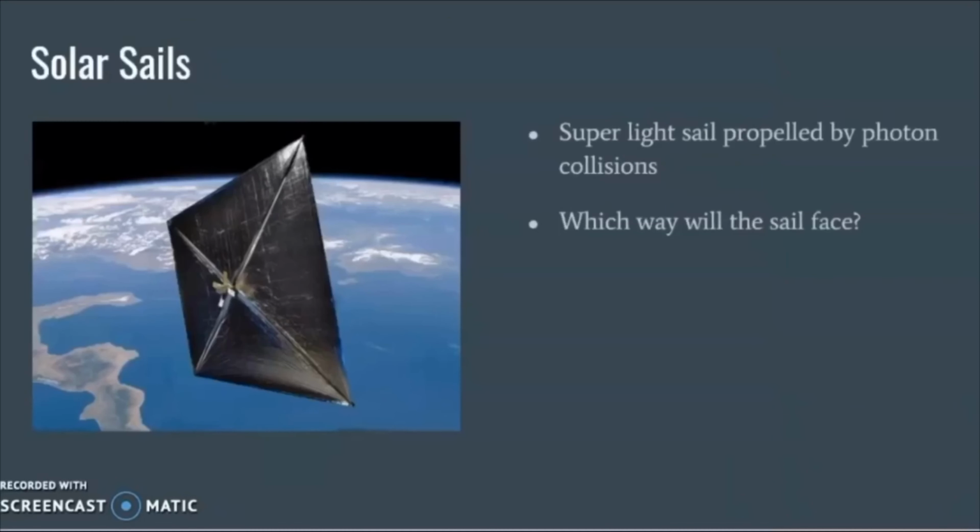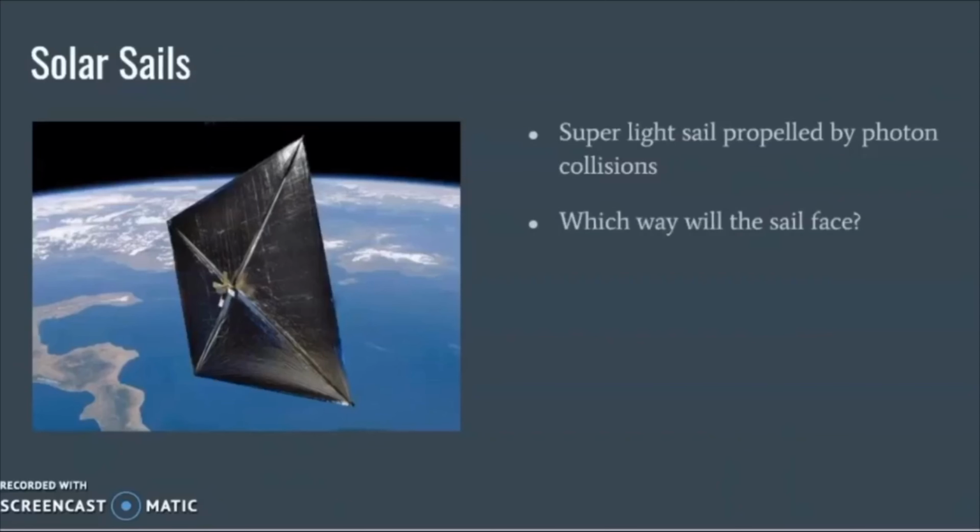And this has led to some seriously interesting advancements in space travel. This right here is concept art for something called a solar sail. These have actually been launched, and the US is planning on launching one in this decade. These are massive and super lightweight sails, and they function similarly to sails on a ship.